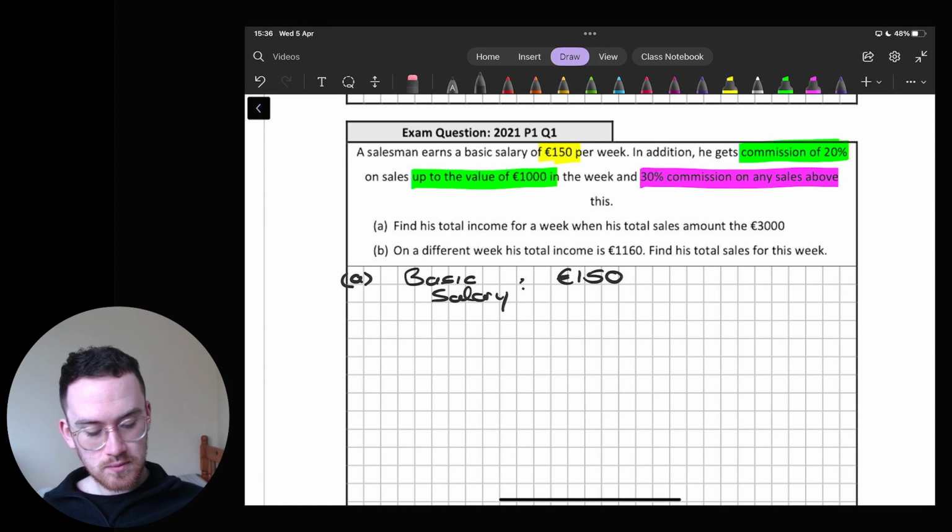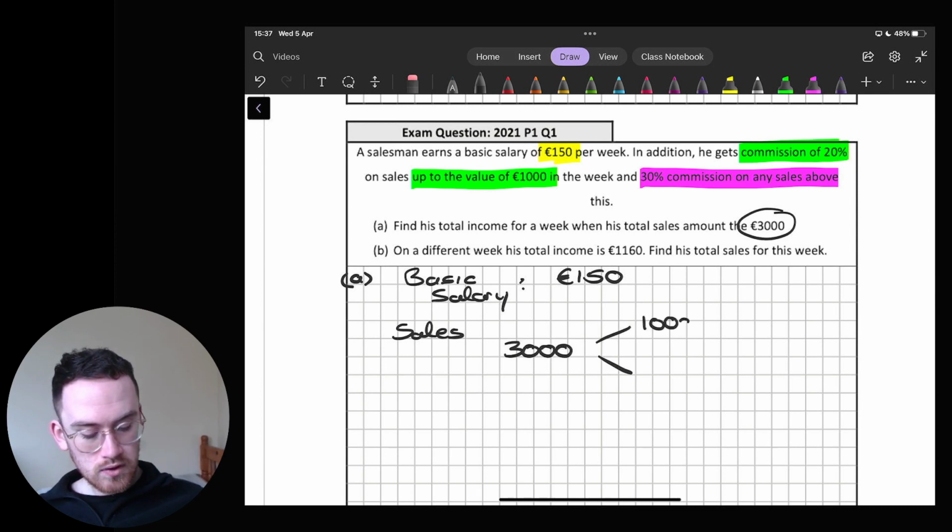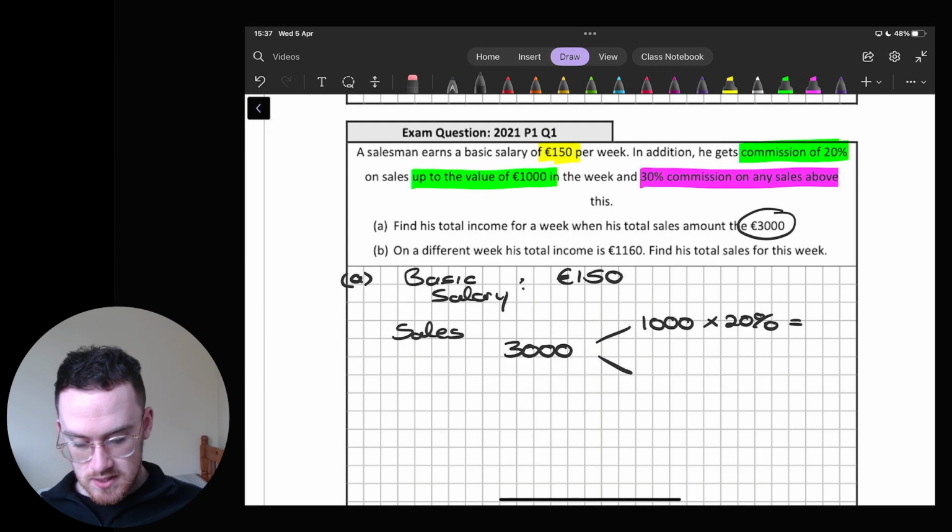So what sales did we have? We had 3,000. Okay, so looking at my sales, if I have 3,000 in sales, for the first 1,000, he'll get 20% commission. So 1,000 by 20% gives me a value of, he gets €200. For anything over that, which is 2,000, he gets 30% commission.